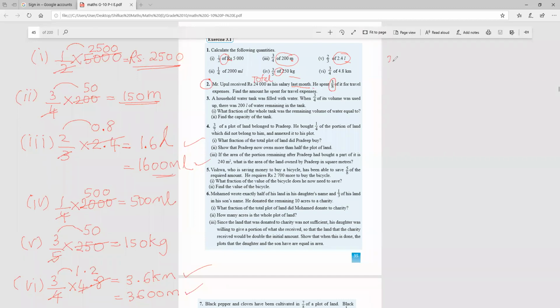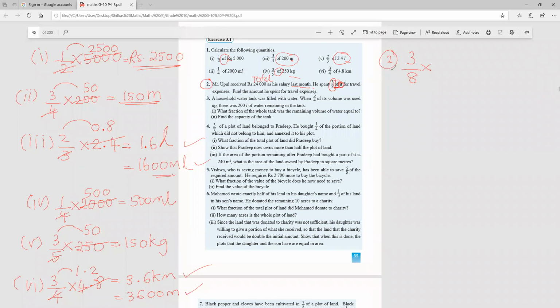Okay, he spent 3/8. Listen carefully, 3 over 8. What is the next word? "Of." "Of" means multiplication. Look at the word after "of": "of it." Of what? Of it, for travel expenses. He spent 3 over 8 of it.